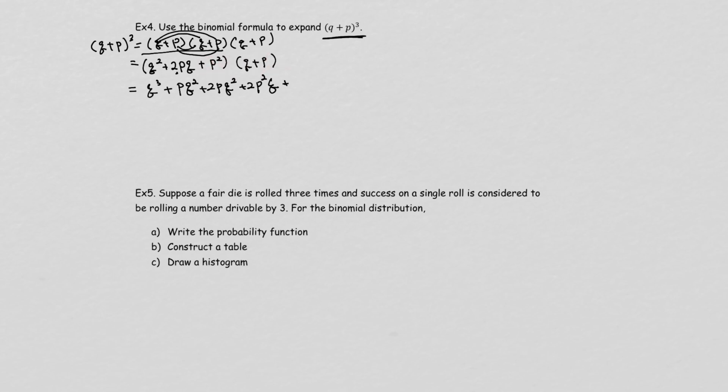So you're going to get plus p squared q and plus p cubed. And then look, you can tell these are like terms and these are like terms. So when you combine them, you're going to get q cubed plus 3pq squared plus 3p squared q plus p cubed, right? So this is what you're going to get when you have the cube of p plus q.